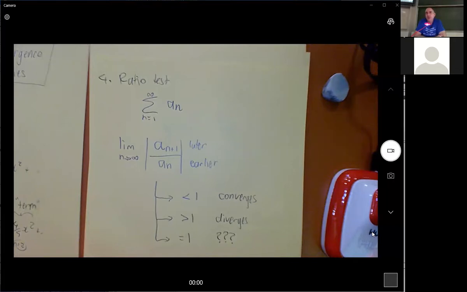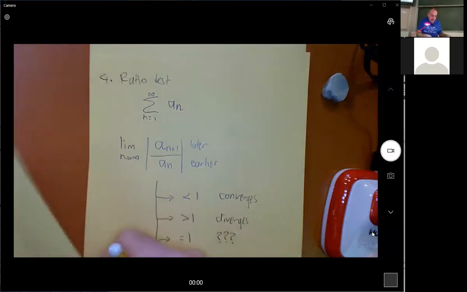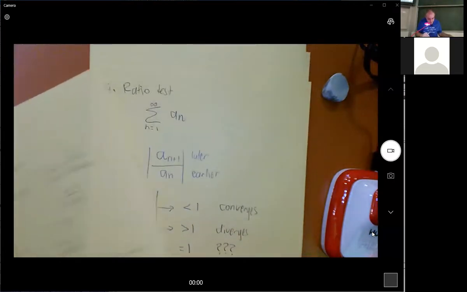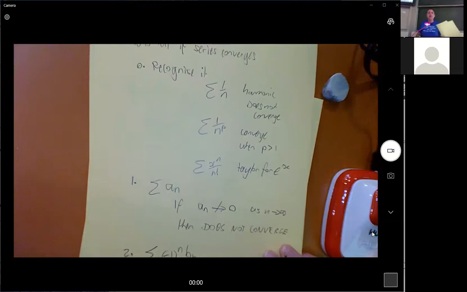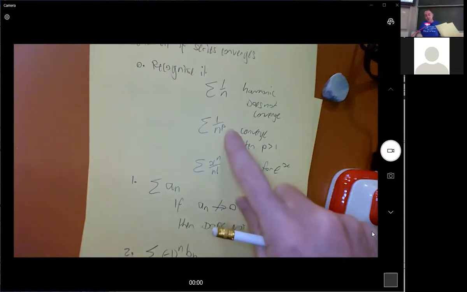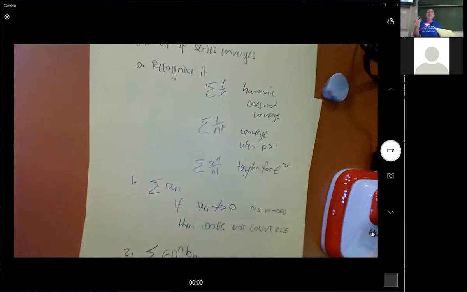In general, if the test fails, it's usually that the terms don't go to 0, or something close. So the problem is if the test fails, you haven't been taught all of them.